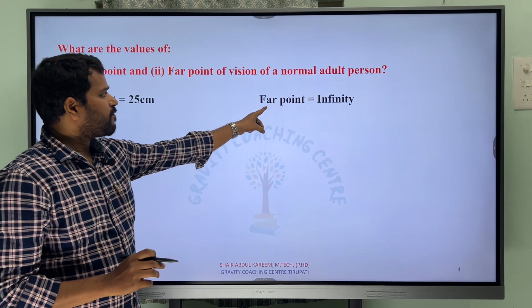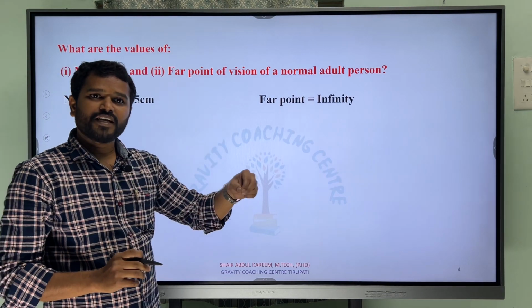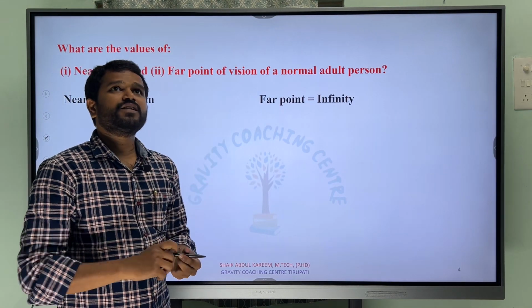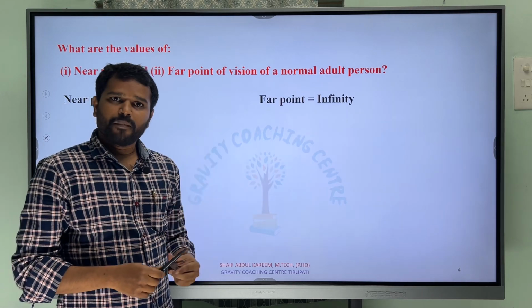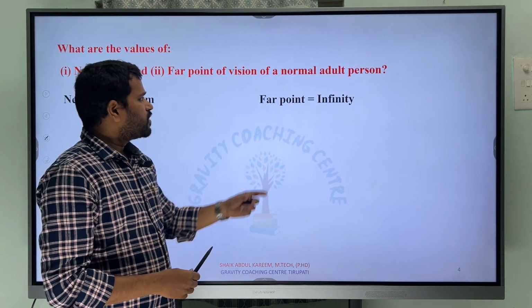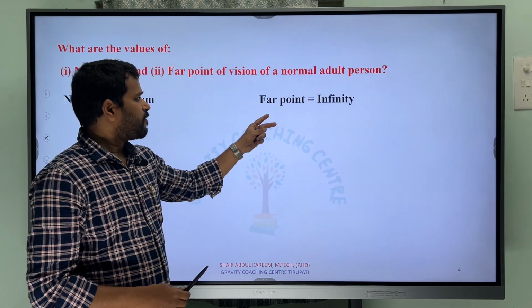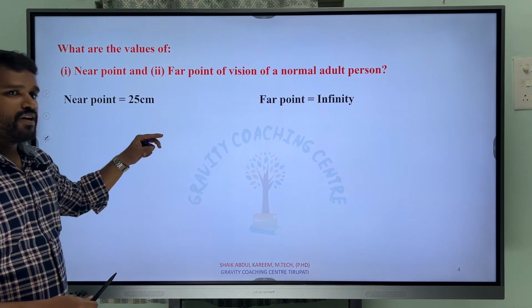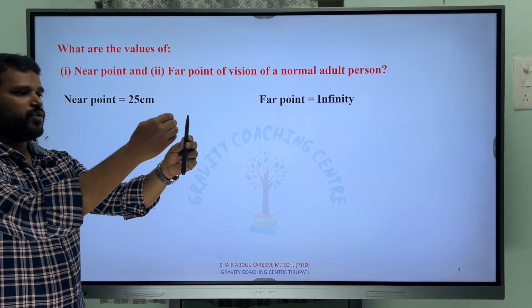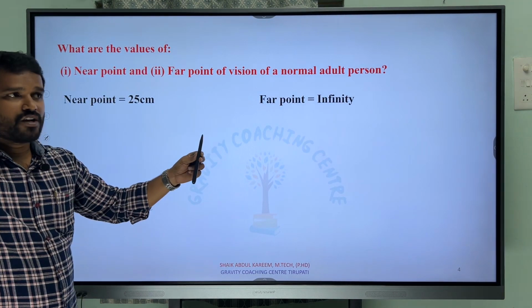Okay, whereas the far point we will take as infinity, means we see the stars, sun, moon, everything which are very very far, but we can see them, right? So theoretically we can say that the far point is infinity, but the near point is 25, means from 25 centimeter to infinity.